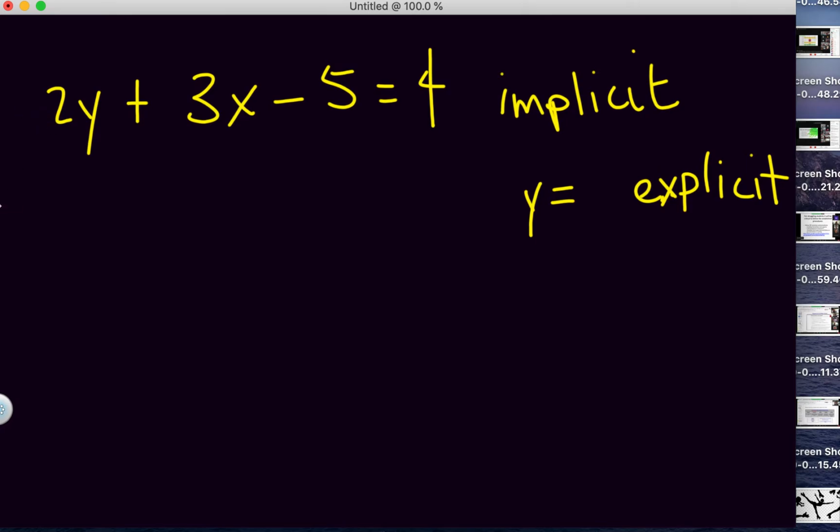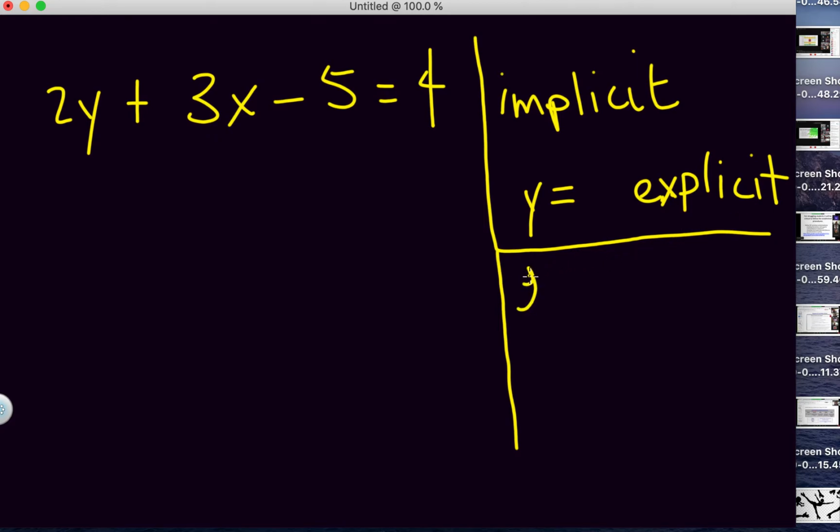But it's important to be able to see that that's still a function, even if it's not in a y equals form. Another reason to be able to translate an equation into y equals an expression is because of the graphing calculators. Now, you've got a lot of tools out there that don't care to get your y by itself, but some of them still do.